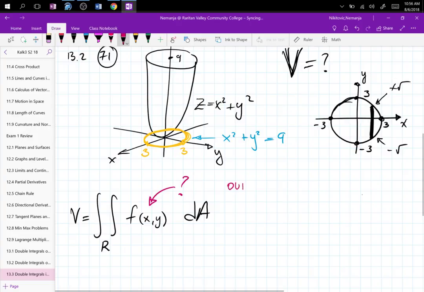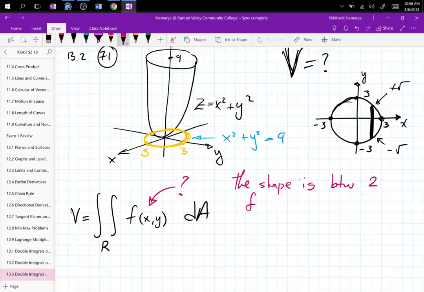The shape is between two functions. Top being given by z equals 9, and bottom being given by z equals x squared plus y squared.